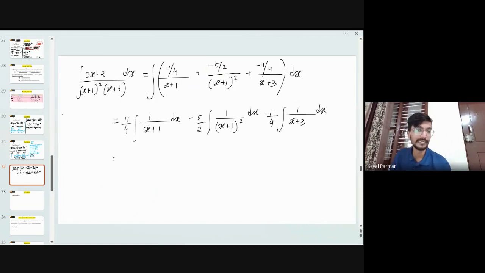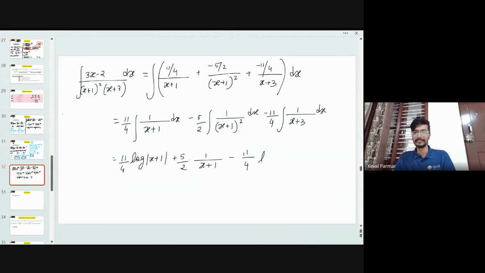And the integration of 1 upon x is log mod. So I can write it as 11 upon 4 log mod (x plus 1), and 5 by 2, could you remember this integration? It is minus 1 by x. So minus minus plus 1 by (x plus 1). And lastly, minus 11 by 4, same, log mod of (x plus 3) plus c.